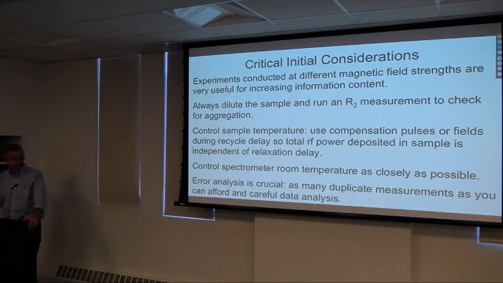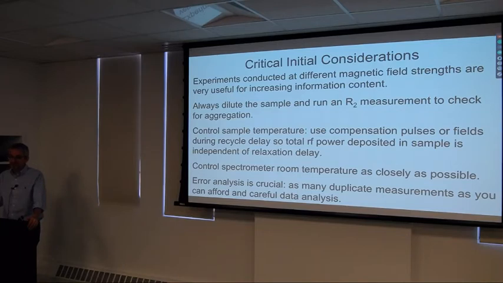I should say about controlling sample temperature, this becomes even more of a problem when you work at two or three or four different magnets, because if you have temperature compensation pulses in the VT unit and lots of dummy scans, the VT unit will stabilize the temperature and will be pretty good at maintaining that mean temperature.